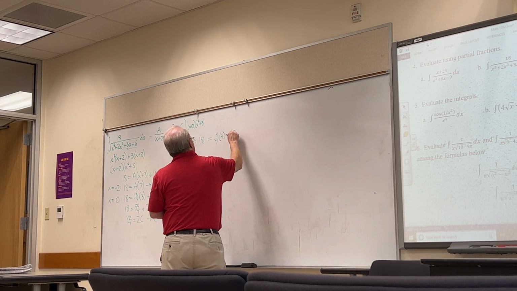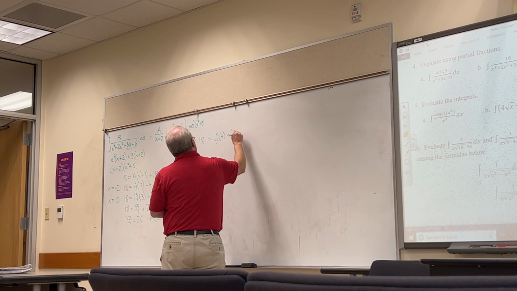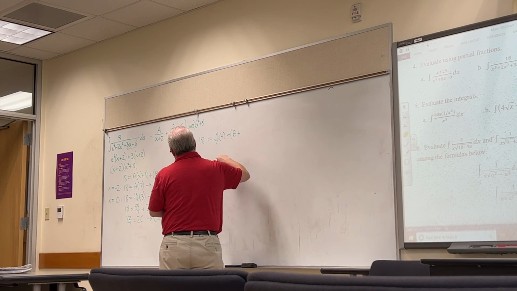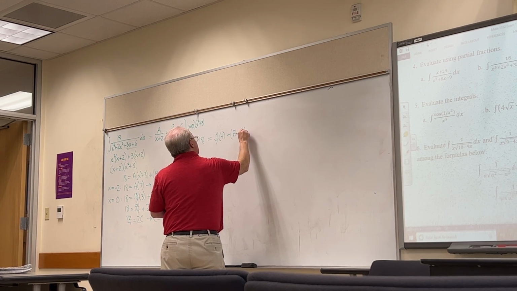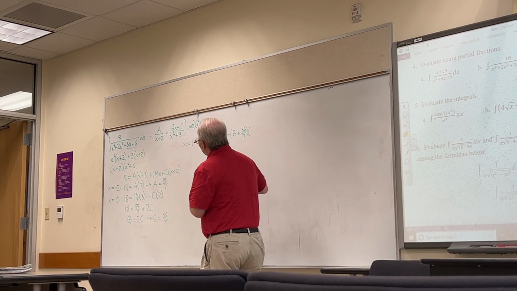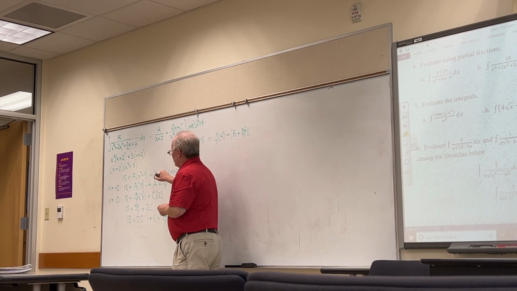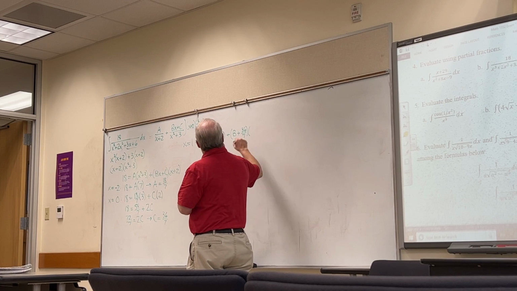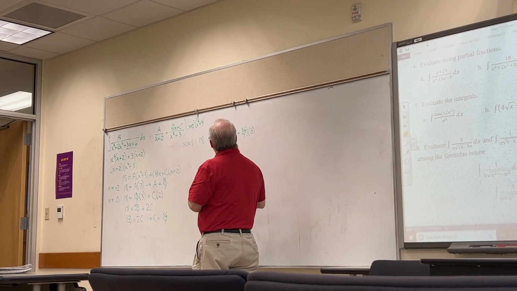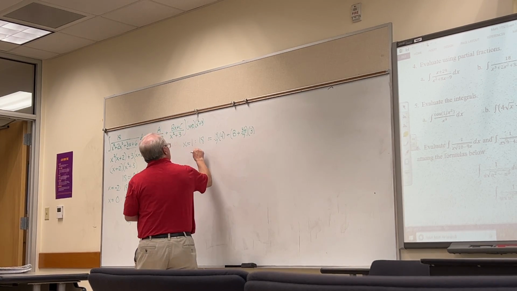So that's b plus, and then we can put in the value of c, which is 36/7, times 3, since x is 1 this time. So we need to solve that for b.